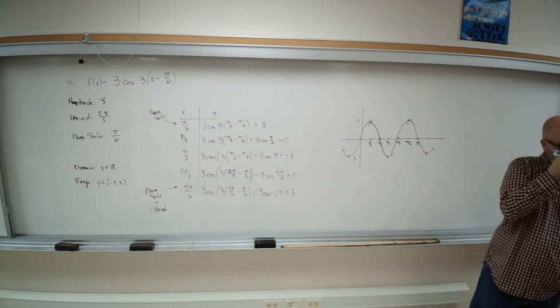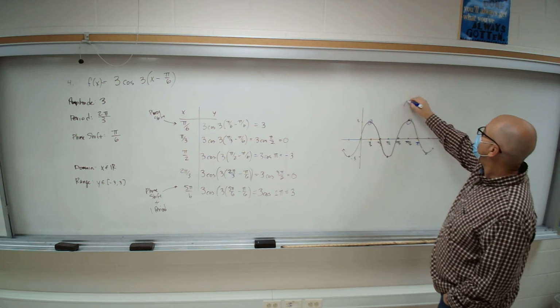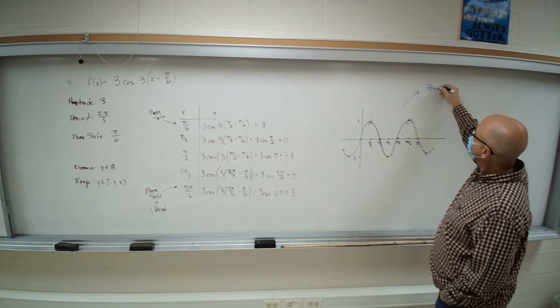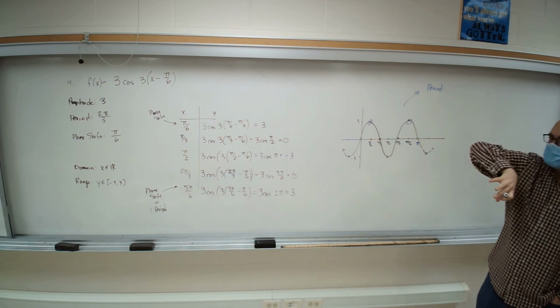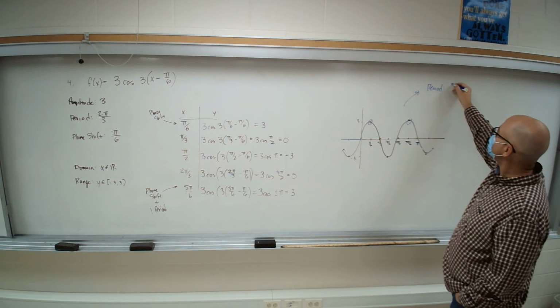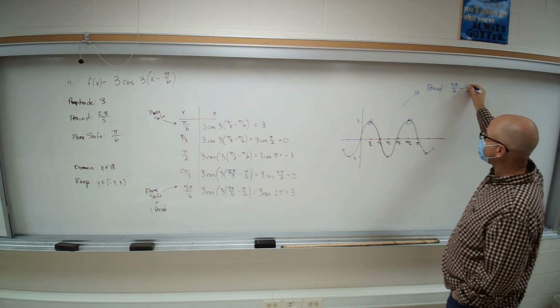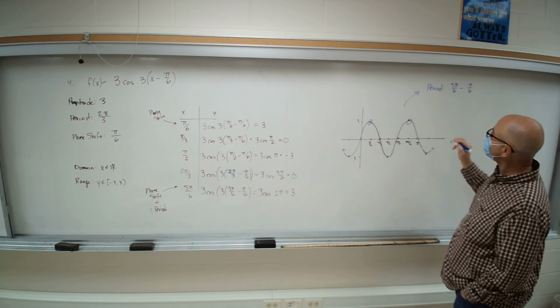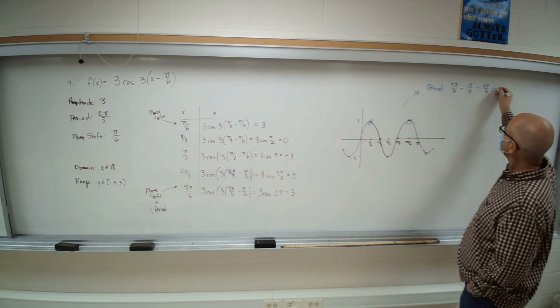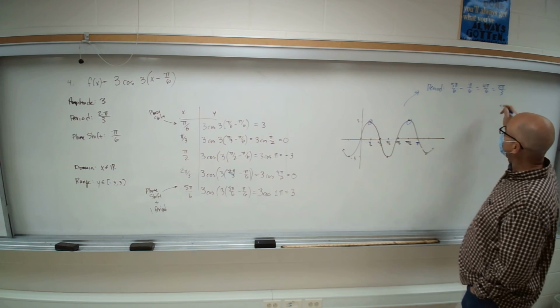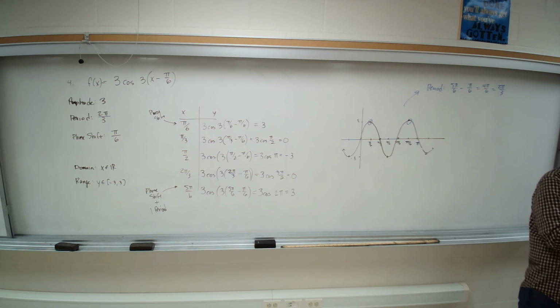So the distance between these two, or the period, and again, we know the answer because we just built the problem, but this is just a technique that we want to look at, is you could take the rightmost, 5 pi over 6, and you could subtract pi over 6, and that gives you 4 pi over 6, which gives you 2 pi over 3. So we get the period is 2 pi over 3.